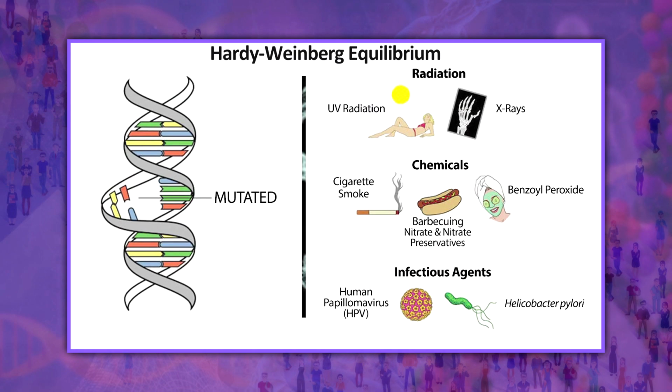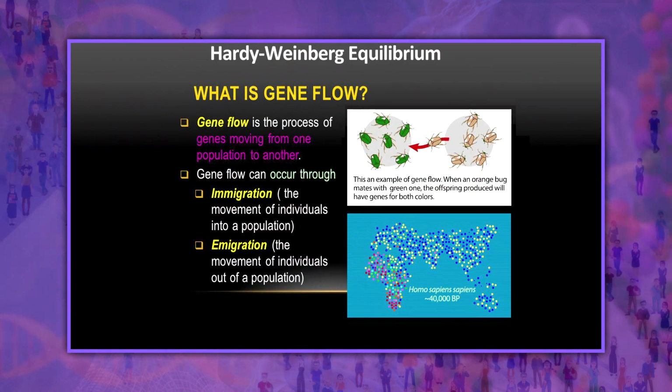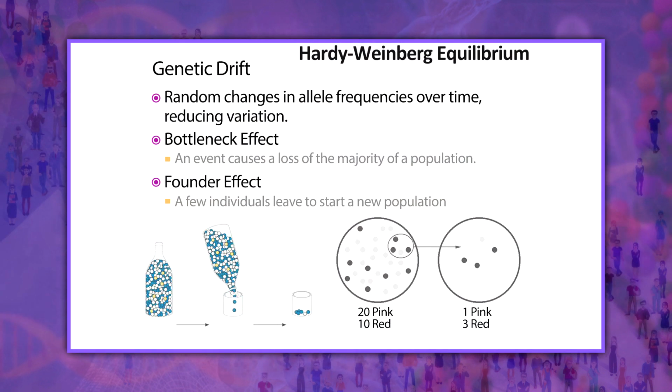Number 1, mutations must not occur to introduce new alleles to the population. Second, no gene flow can occur to increase variability in the gene pool. Third, a very large population size is required to ensure allele frequency is not changed through genetic drift.